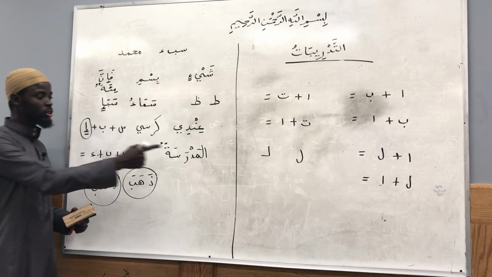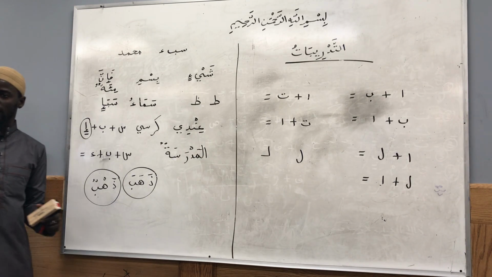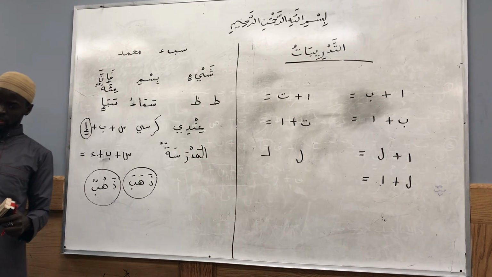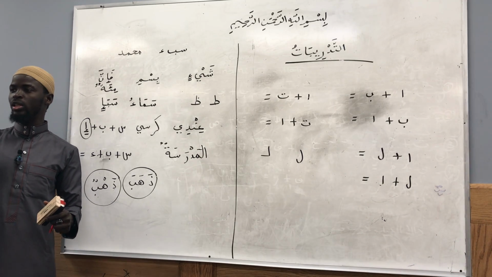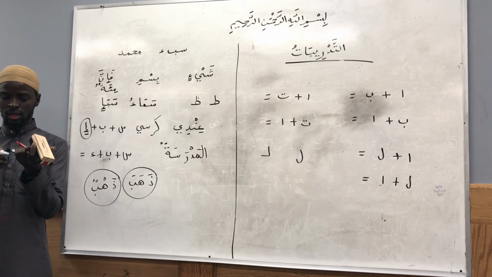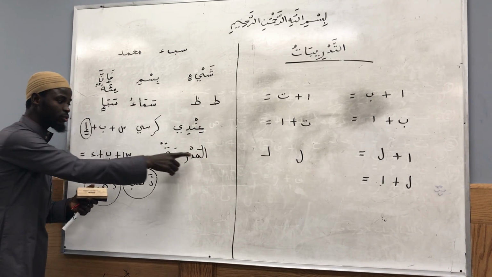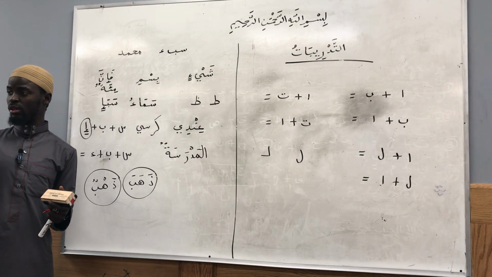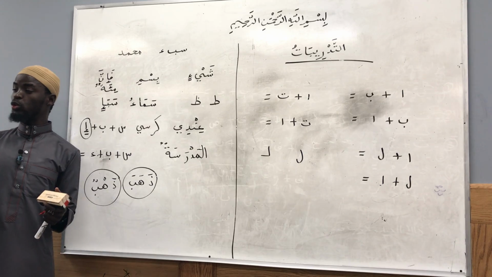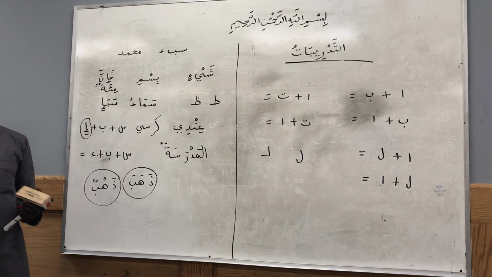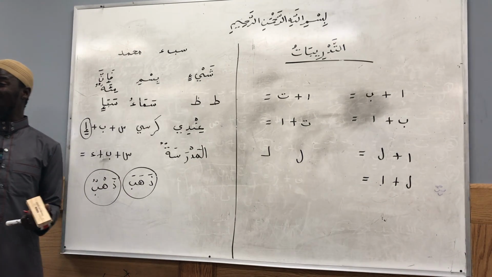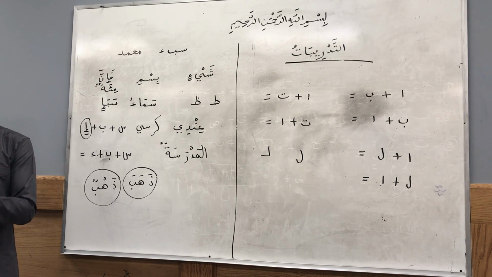So always, if you see alif and lam on any word, that is specific. They know what they are saying. In Arabic, they call it al-ma'rifa. With the alif and lam, they call it al-ma'rifa, something that you know. And without the alif and lam, they call it nakira, something that you don't know.